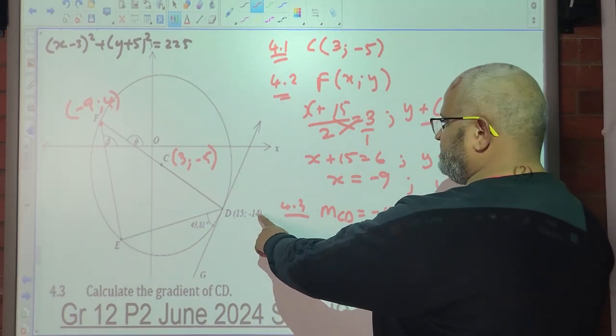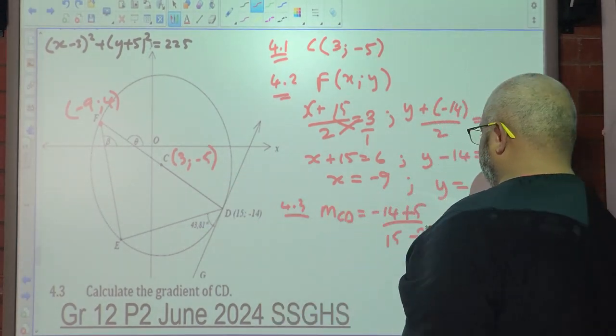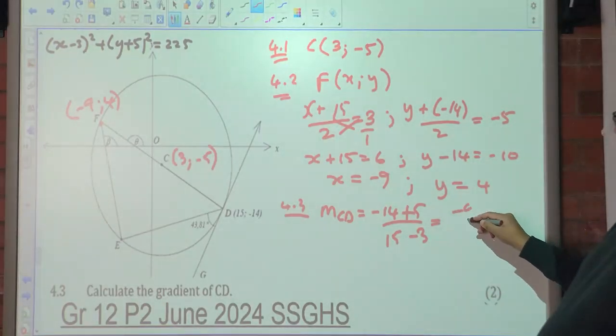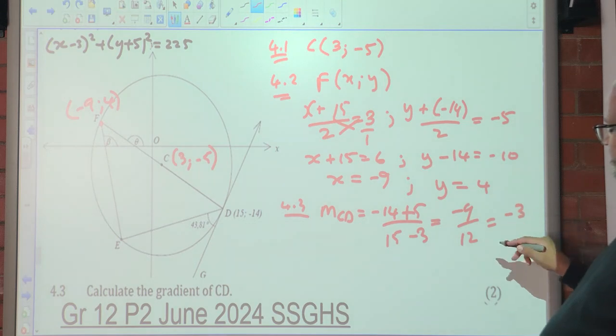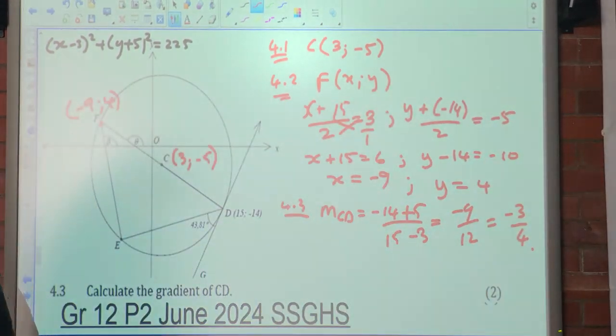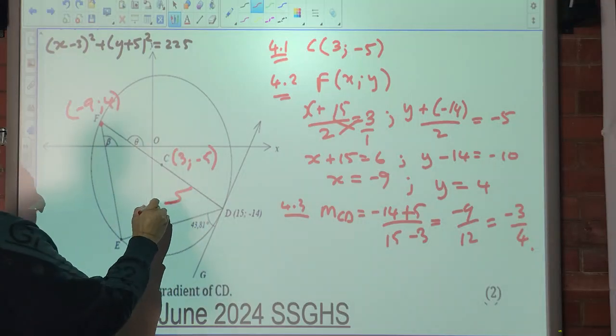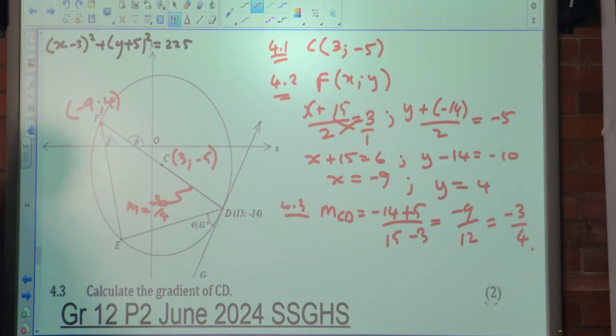So it's minus 14 minus 5 over 15 minus 3, which is negative 9 over 12, which is negative 3 over 4. Any confusion there? Negative 3 over 4.